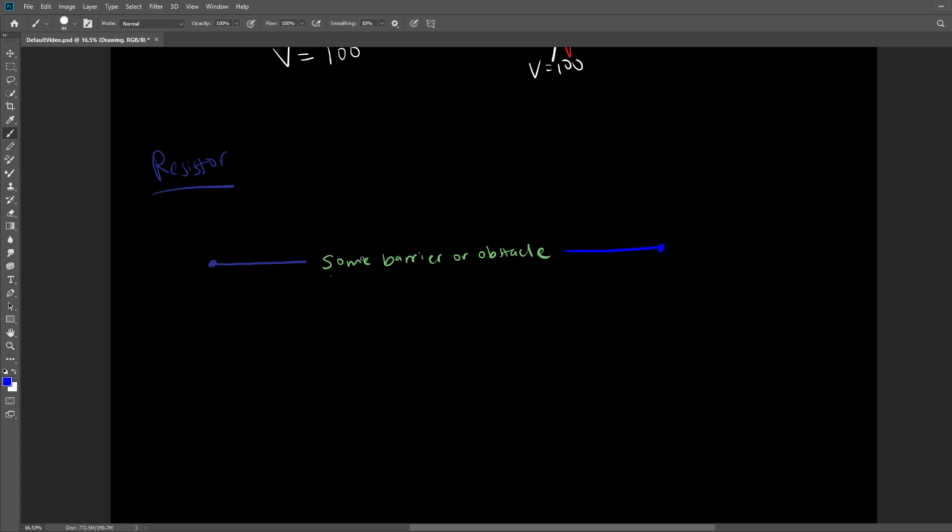Then we apply a voltage and a current flowing in this direction. What happens is this barrier or obstacle causes a voltage drop. And the reason why it causes a voltage drop or energy drop is that energy will be spent going through this barrier or obstacle.